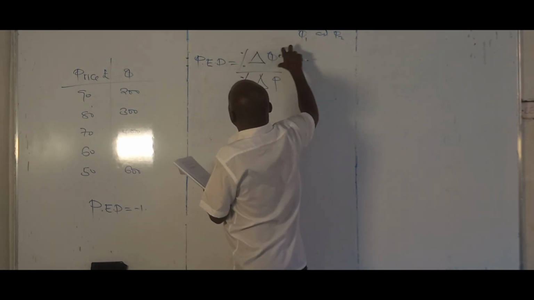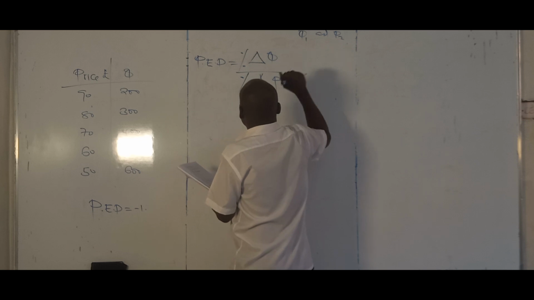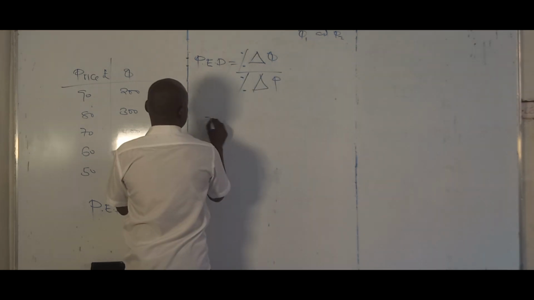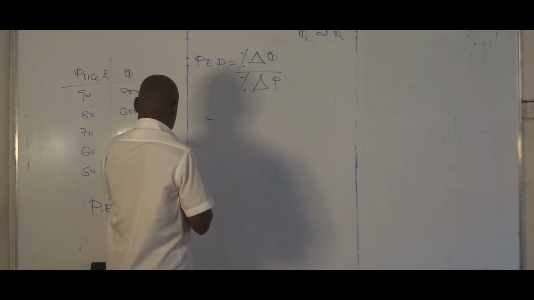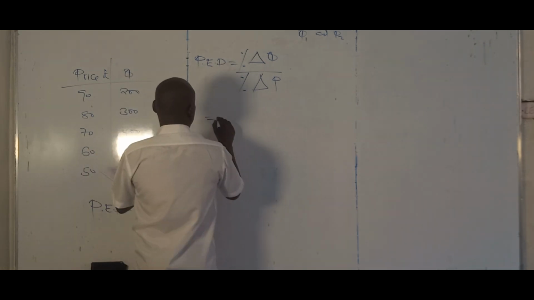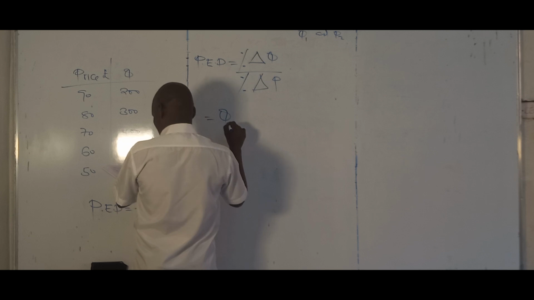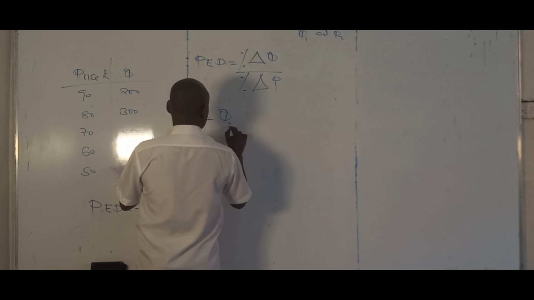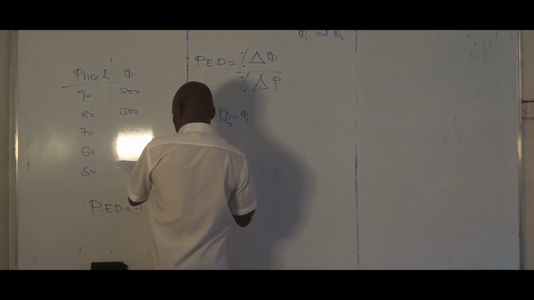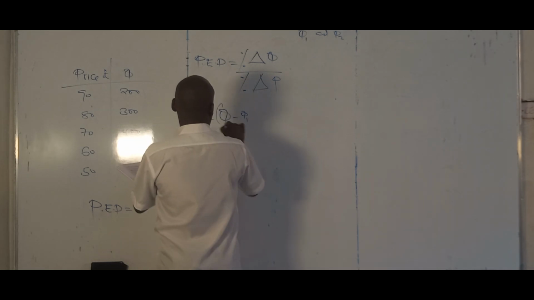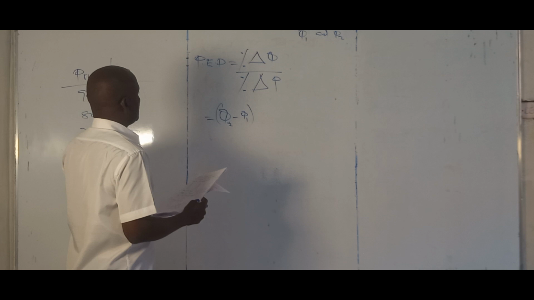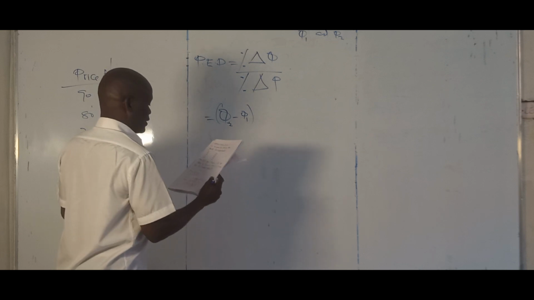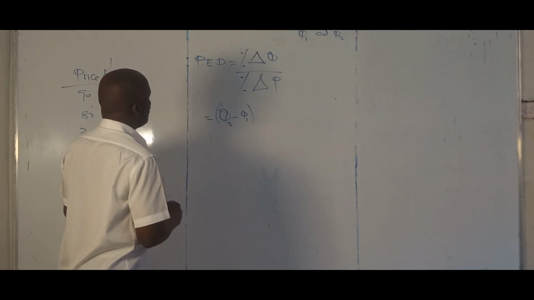So let me represent the numerator in a different way. That is like saying Q2 minus Q1 in brackets, all over Q1 plus Q2 over 2.